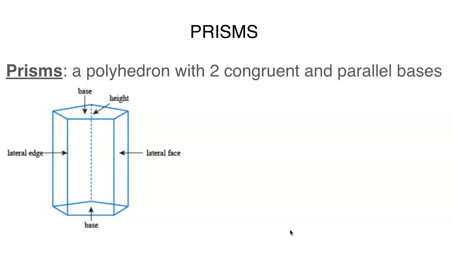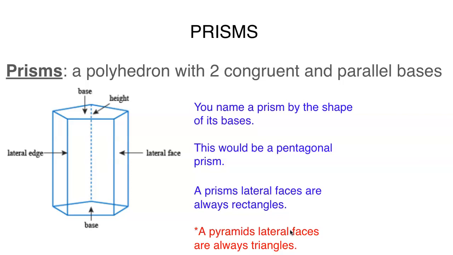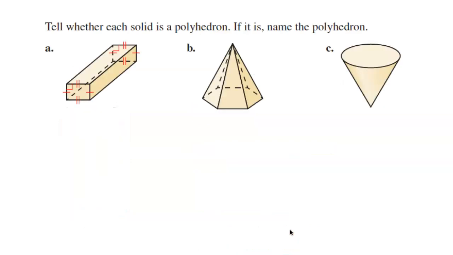Because the bases are congruent polygons, we name this by whatever shape the base is, so this would be called a pentagonal prism. All the lateral faces of any prism are always rectangles. Quick sidebar, all the lateral faces of all pyramids are always triangles.